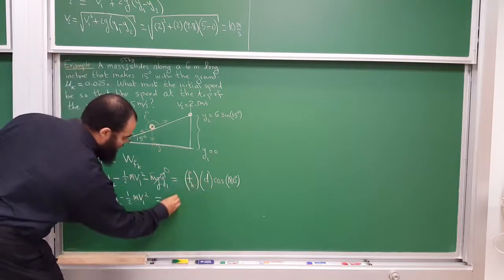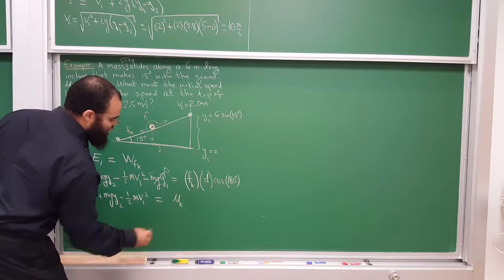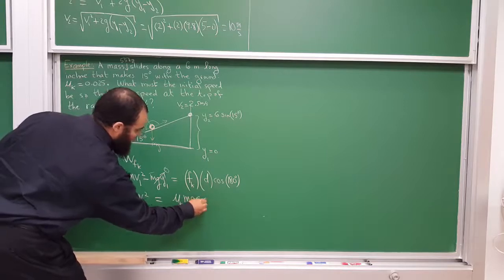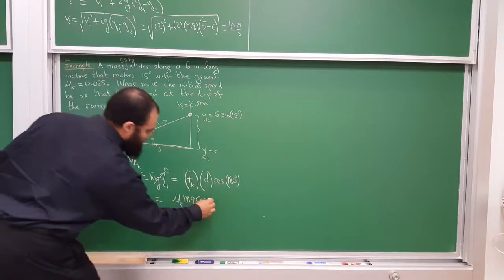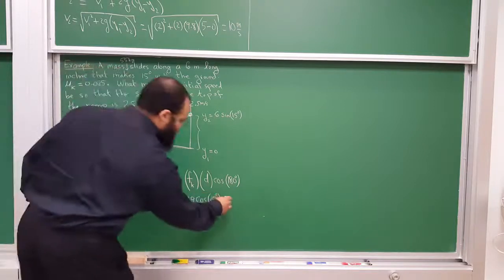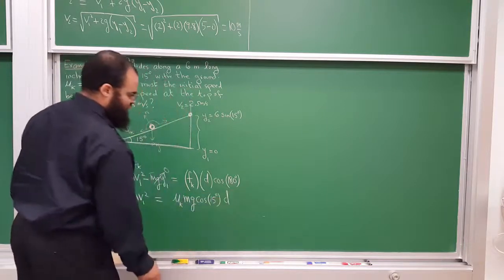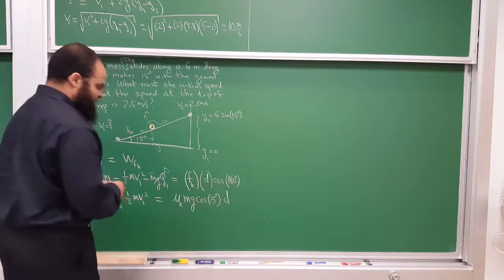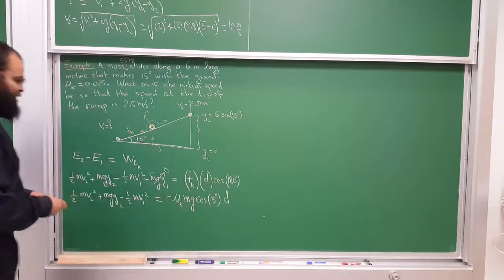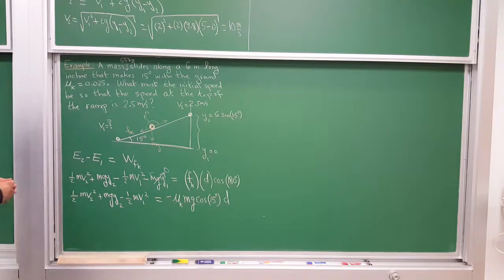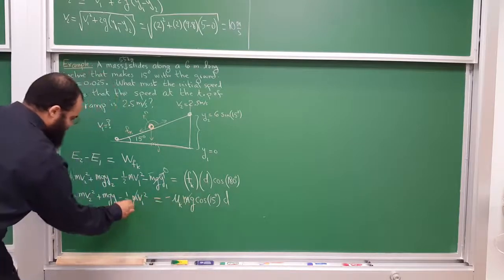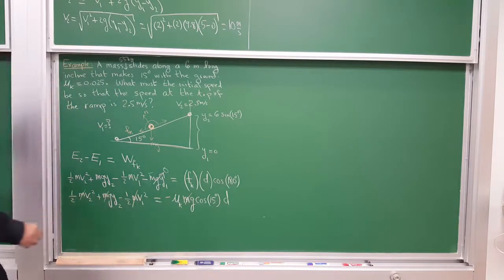So it would be mu k times mg cosine of this 15-degree angle, times the distance moved, d, times the cosine of 180, but cosine of 180 is -1, so this will simply be -1. Another good thing is that now everything contains mass, so the mass can be eliminated from all parts.